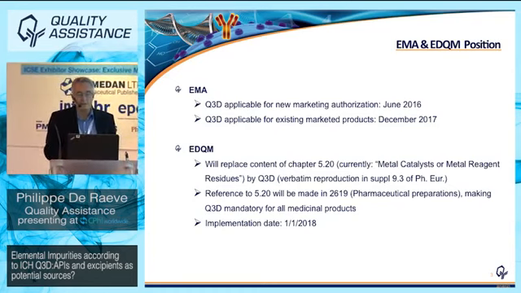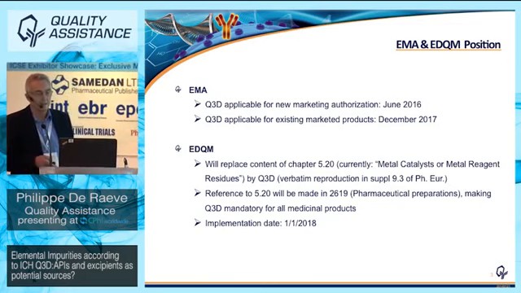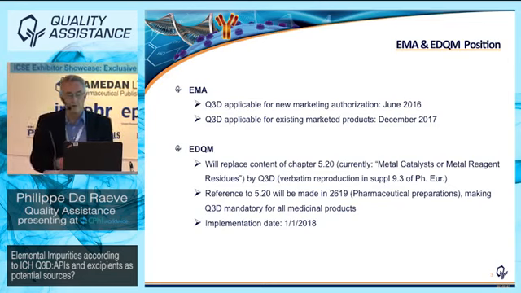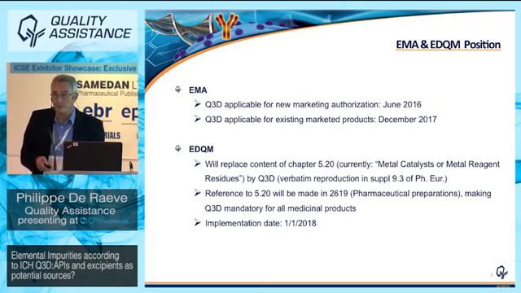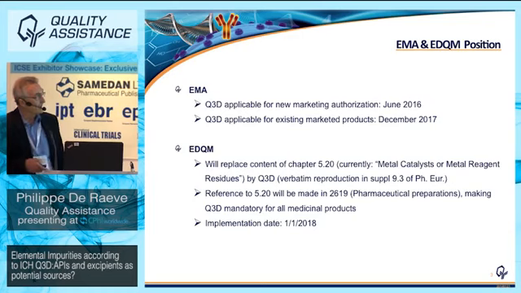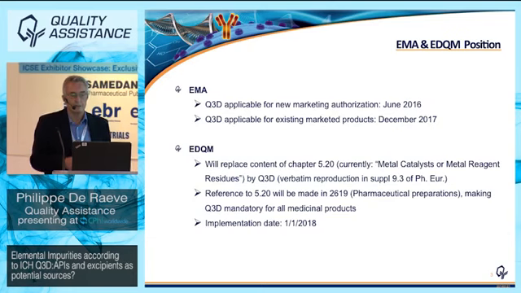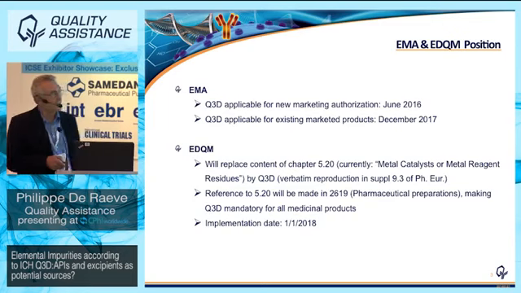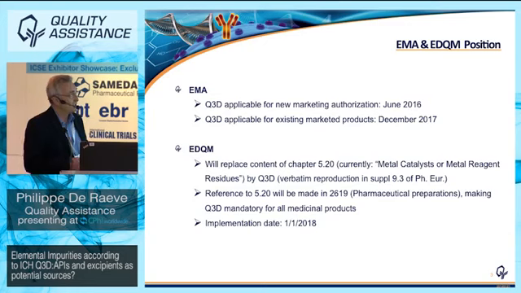The European Pharmacopoeia will replace the content of Chapter 520, that is currently metal catalyst or metal reagent residues, by a verbatim reproduction of Q3D to be edited in Supplement 9.3 of European Pharmacopoeia. And reference to this Chapter 520 will be made in another chapter, 2619, that is pharmaceutical preparation, that will make Q3D mandatory for all medicinal products. Implementation date is 1st January 2018.